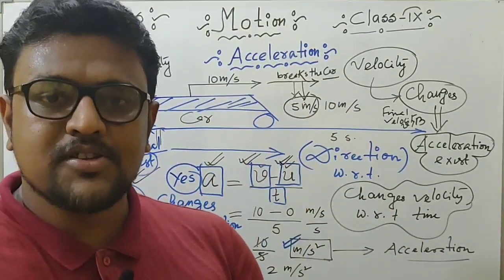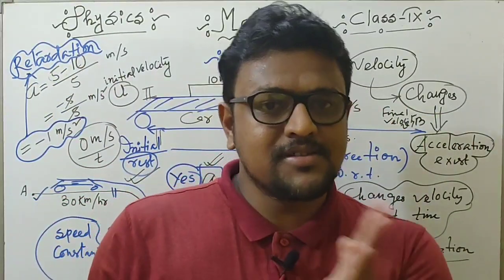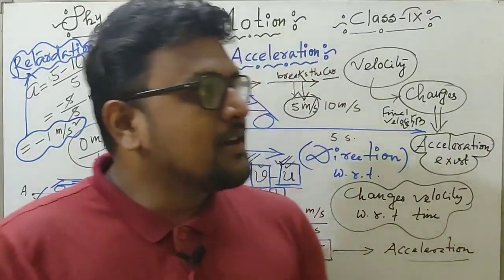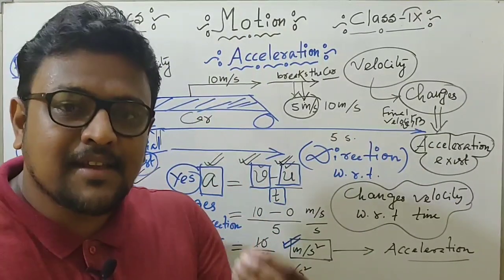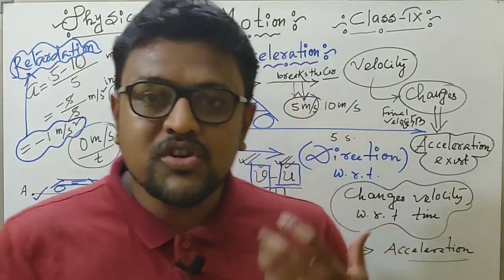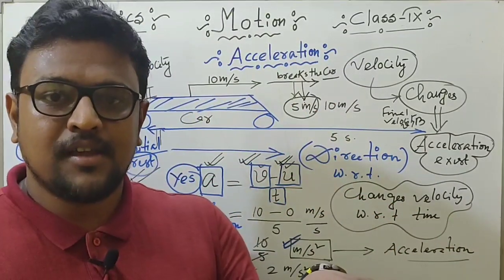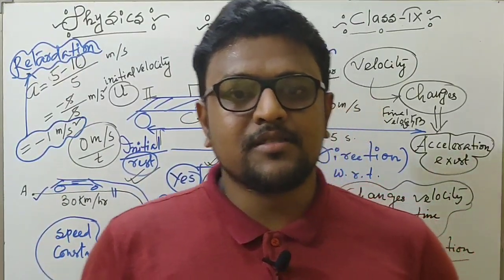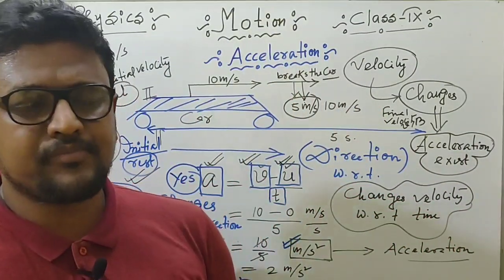It can be divided into two parts: one is dynamics, another is kinematics. So what is dynamics? Dynamics deals with the basic causes, the reason behind why the motion exists. The study of the phenomena of motion is kinematics.